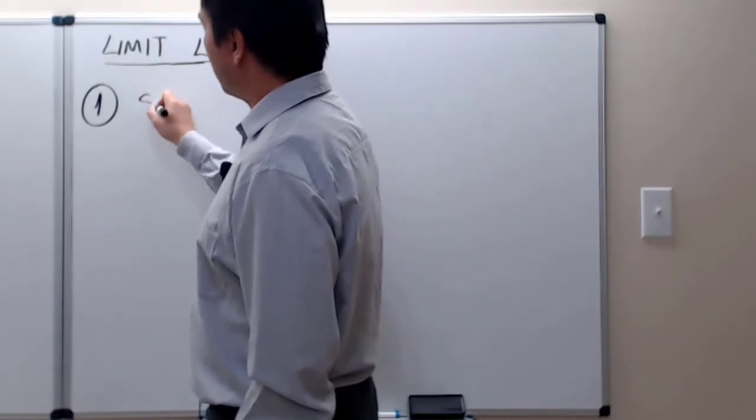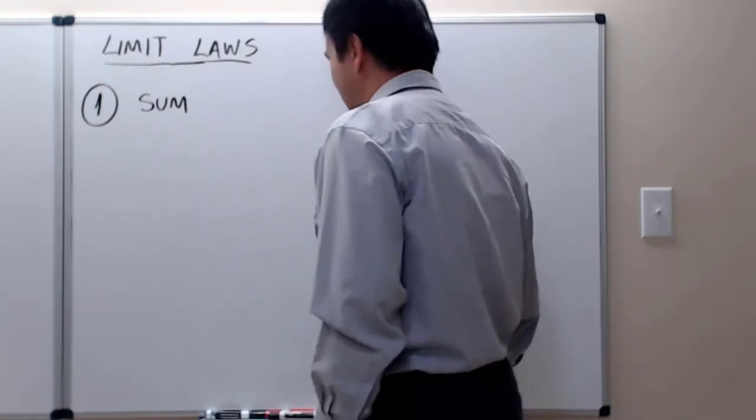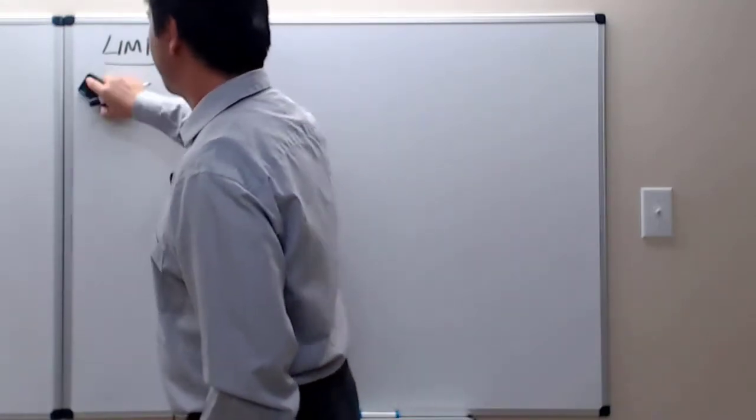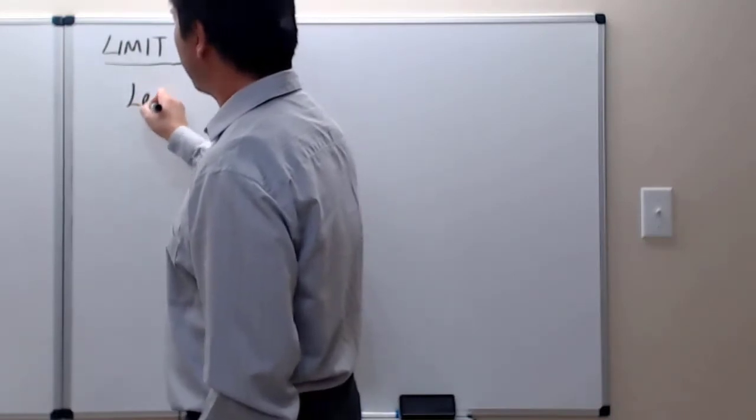All right, so limit law number 1. As far as naming, I would call it the sum. Actually, before I write down the limit laws, all of these limit laws we're about to learn are based on the following.